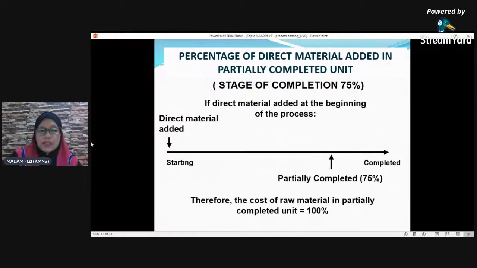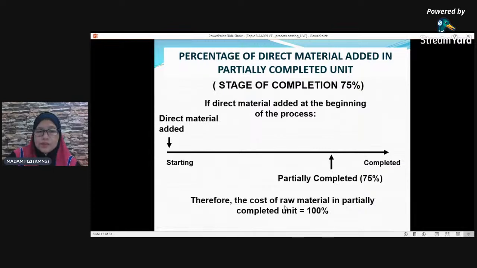Sebab kita letak dekat awal, sekarang kita dah set 75%, so kita assume dia raw telah dimasukkan sebanyak 100%. Yang ni saya nak awak faham sebab masa kita buat calculation nanti, awak akan tengok pasal direct material. Ni saya sentuh pasal direct material dulu ya, belum lagi conversion cost.